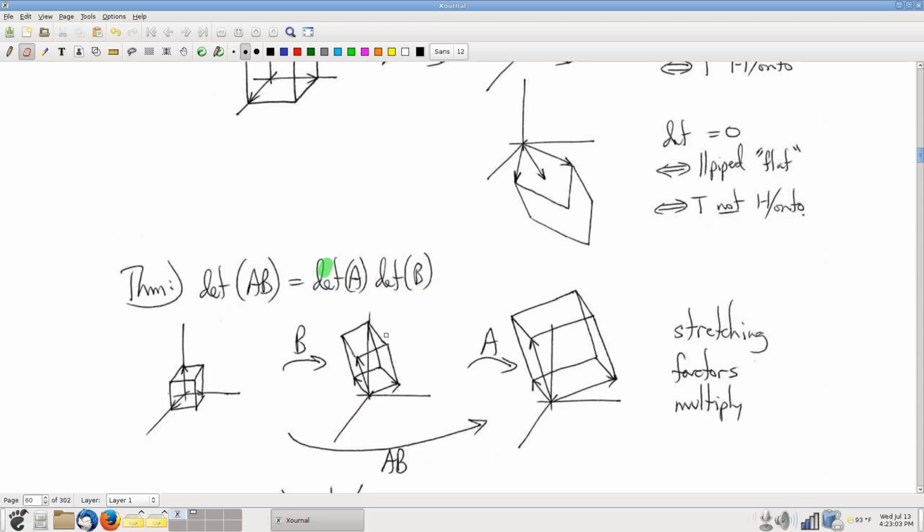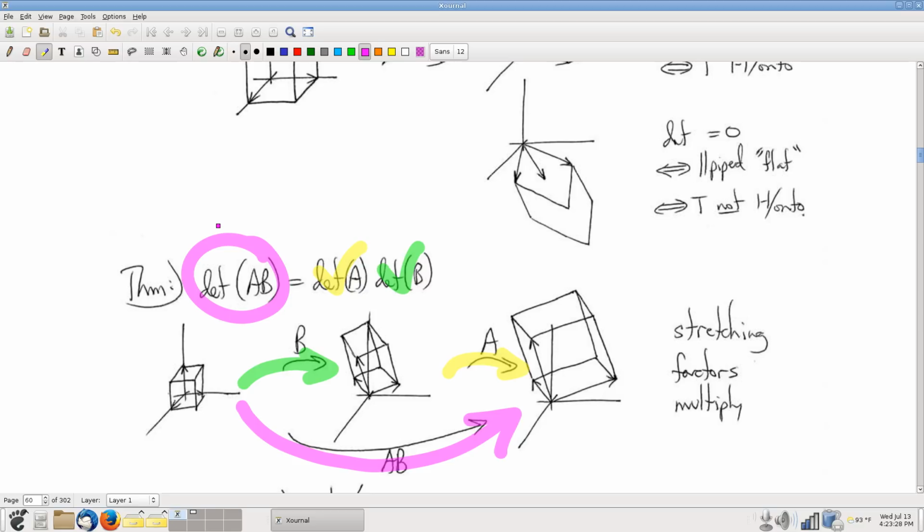Well, if altogether here you've stretched by a certain factor, which we have, and if here you've stretched by a certain factor, which we have, then grand total between the two of them, in other words, in multiplying by that product AB, a grand total of which the stretching factor is the determinant of AB, grand total you have multiplied by the product of the individual stretching factors.